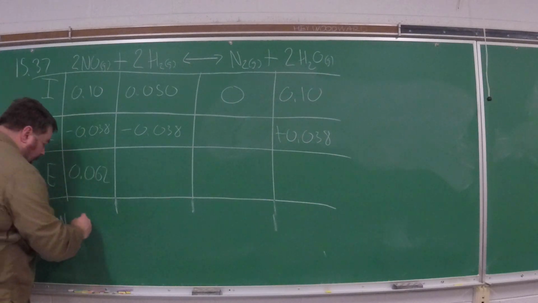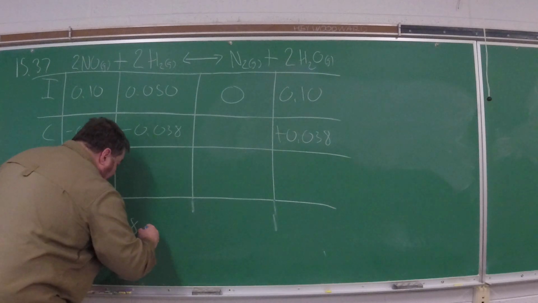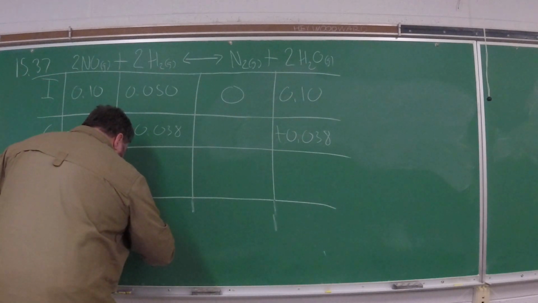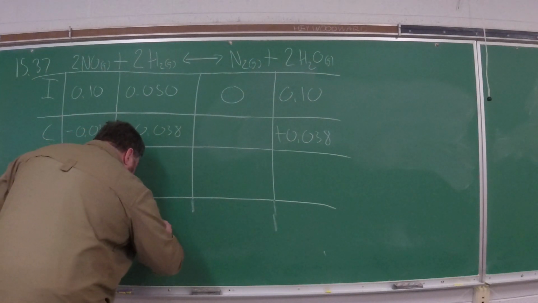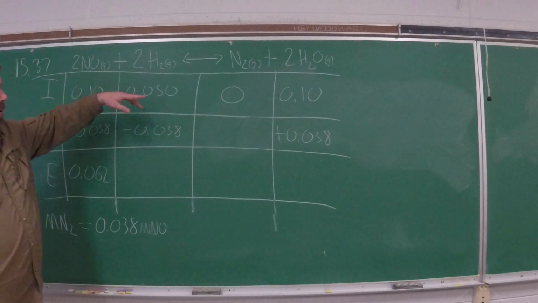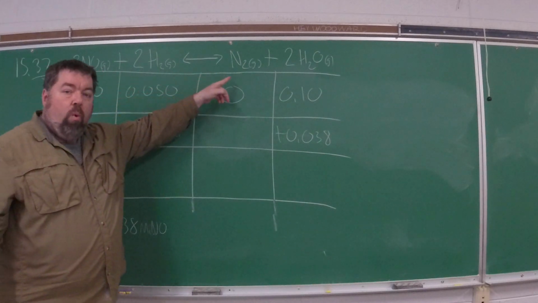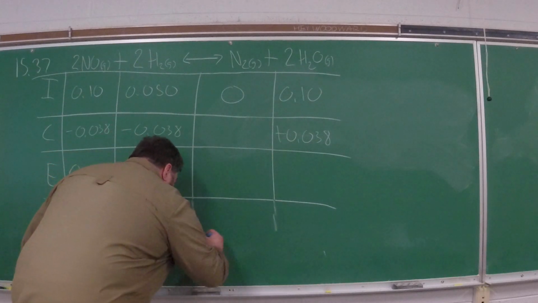I'm going to take this number here, my NO, and then I'm going to use the stoichiometry, right? A ratio. 2 NO for every 1 N2. I want NO to cancel, so I set up my ratio here.